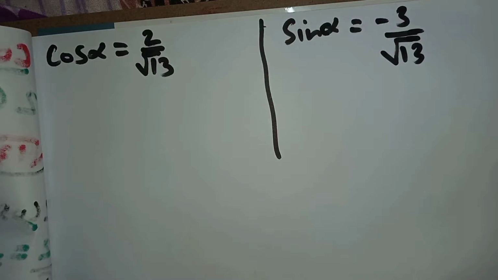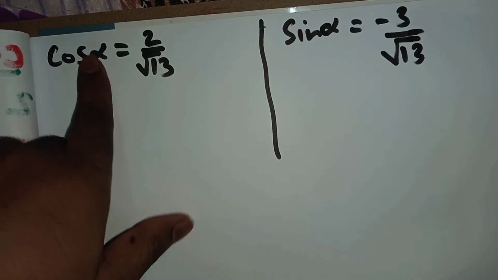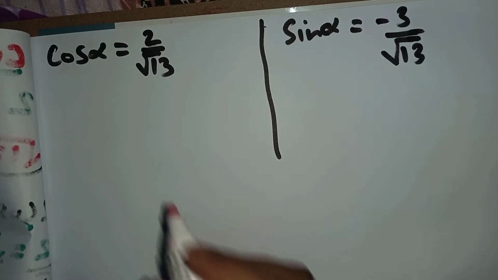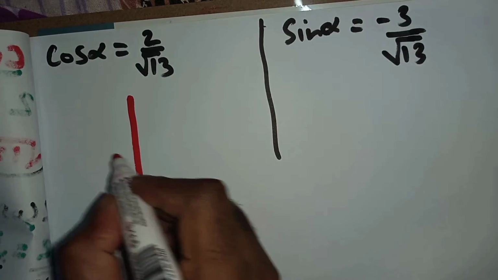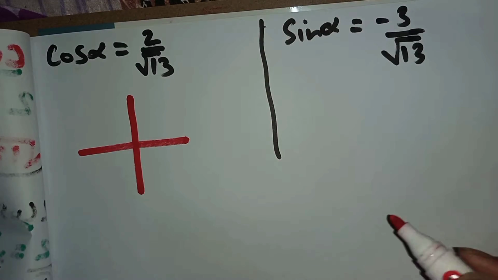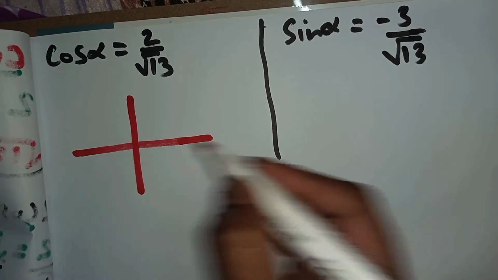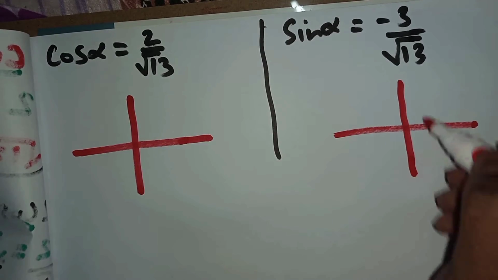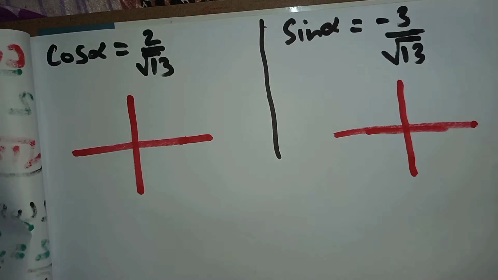Now let's draw the quadrant, right? If you see alpha, let's draw the quadrant here, and let's draw the quadrant here as well, right? So you have 4 quadrants, right?